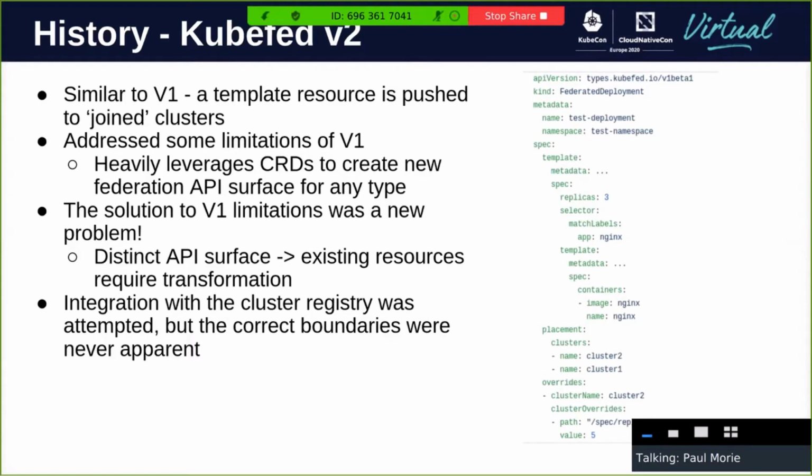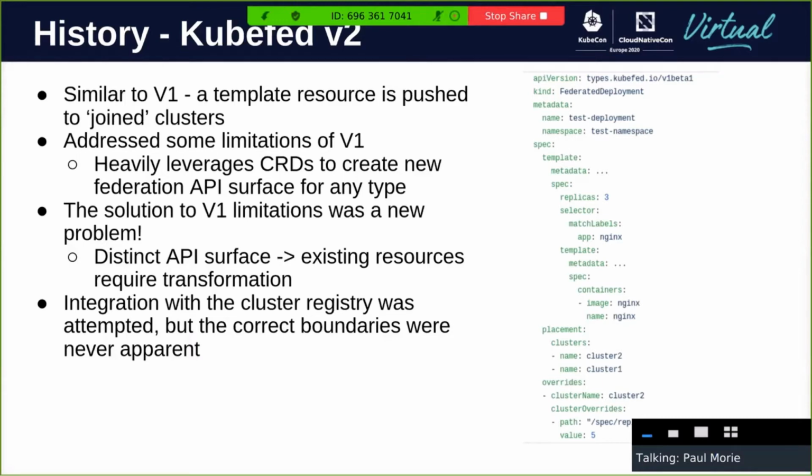And of course, today, one of the things that is central to how people use Kubernetes is that users can define their own types using CRDs. So a key challenge that we tried to solve was to build a Federation project that was usable with types that we didn't know in advance.